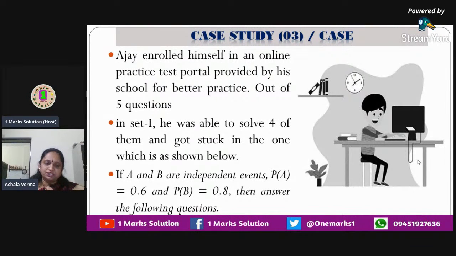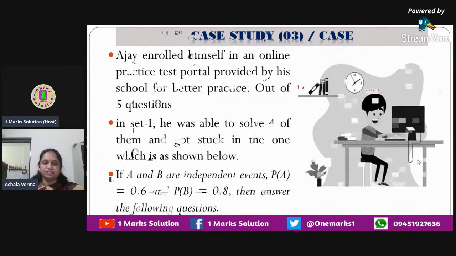Out of 5 questions in set 1, he was able to solve 4 of them and got stuck in one, which is as shown below. If A and B are independent events, P of A is 0.6 and probability of B is 0.8, then answer these questions.